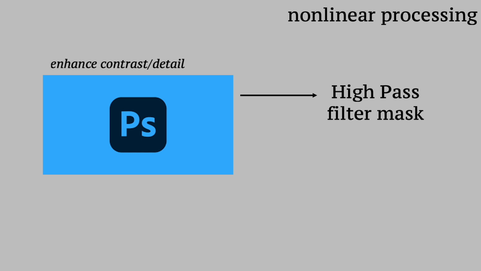So if we want to enhance detail in, say, a spiral galaxy or something like that, we can use a high pass filter mask to essentially just paint in the areas where we want to bring out more detail. And this will change both the light and the detail in our image.